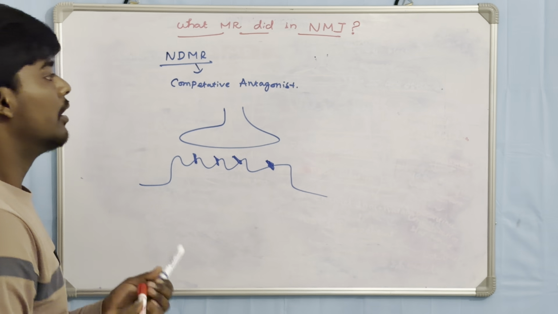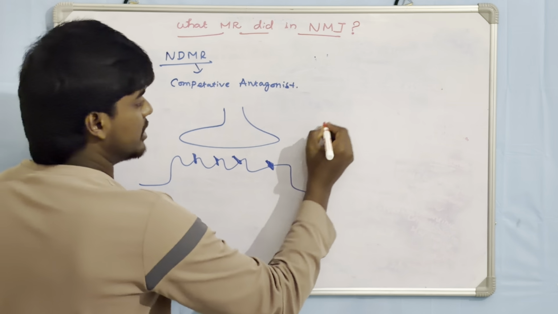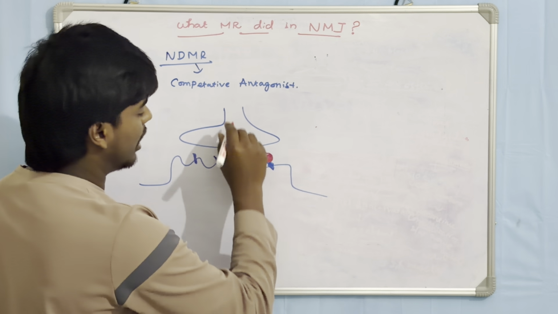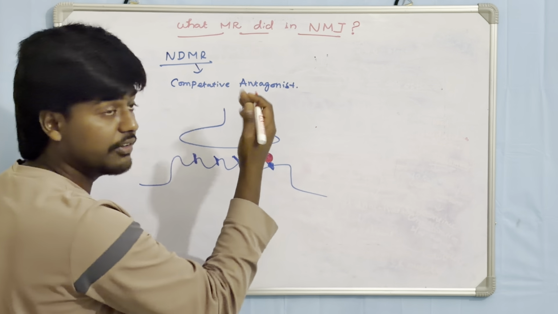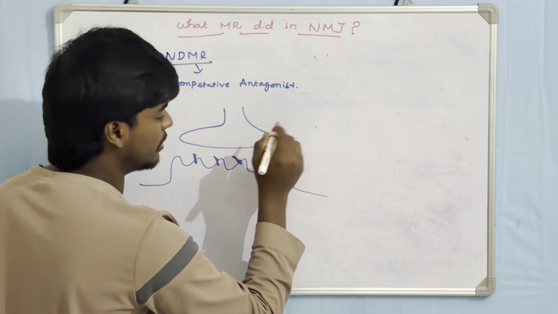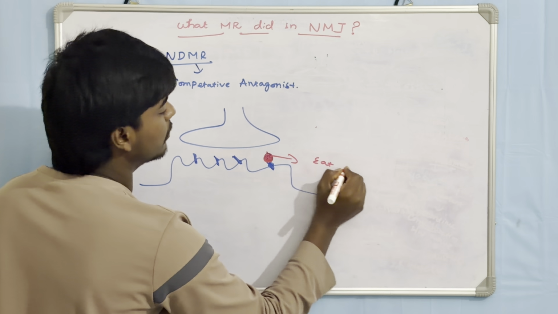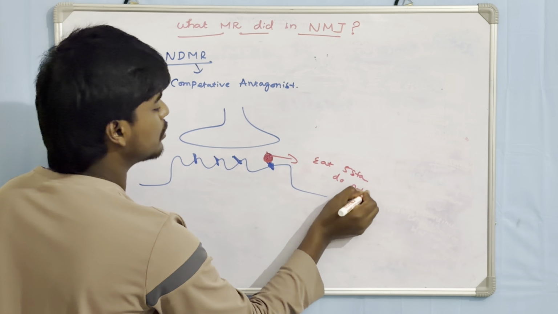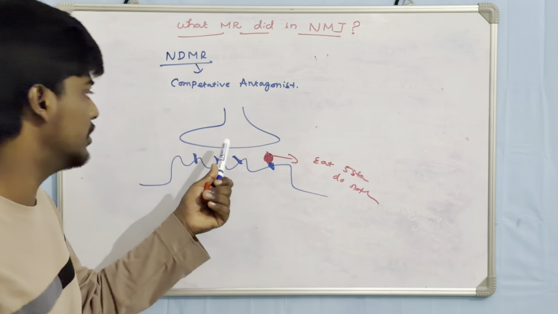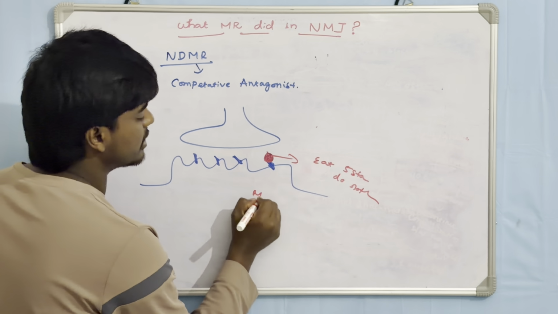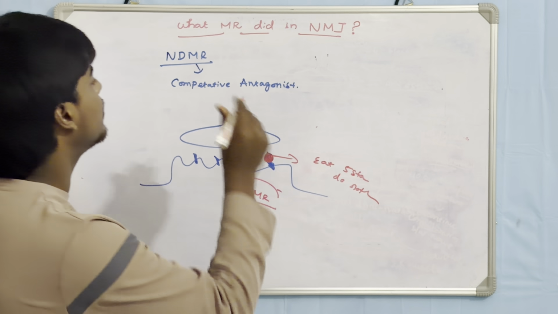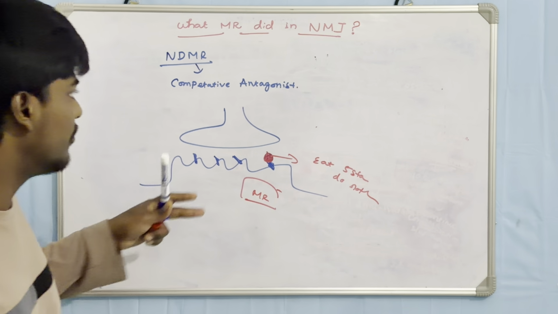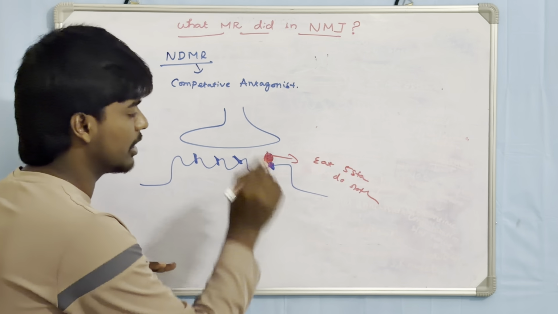The non-depolarizing muscle relaxant comes and blocks the communication between the nerve and muscle. It sits right there and does nothing. So there is no communication between the nerve and the muscle, and muscle relaxation happens. All types of non-depolarizing muscle relaxants use the same mechanism of action to produce muscle relaxation.